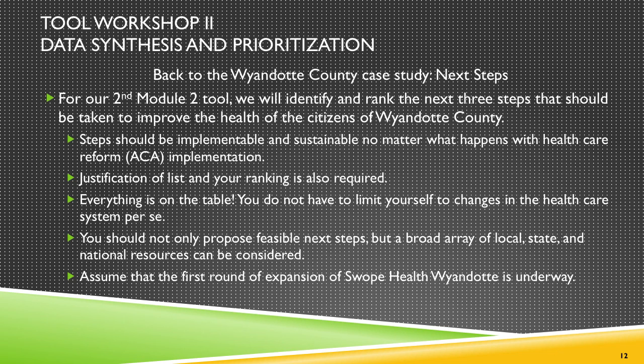For our second Module 2 tool, we'll identify and rank the next 3 steps that should be taken to improve the health of the citizens of Wyandotte County. Steps should be implementable and sustainable no matter what happens with healthcare reform and the ACA. Justification of your list and your ranking is also required and critical for this tool.